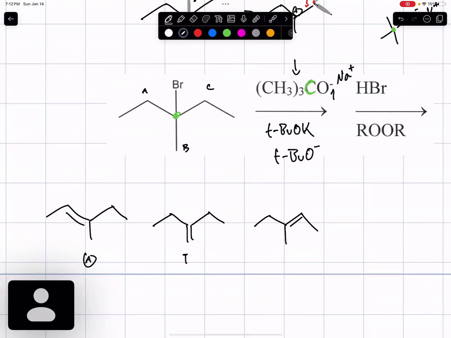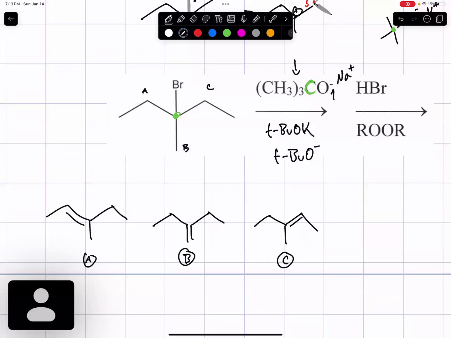A, B, and C. What's the right answer, guys? A or C? No. Why is A and C, which by the way are the same alkene, why is that wrong?